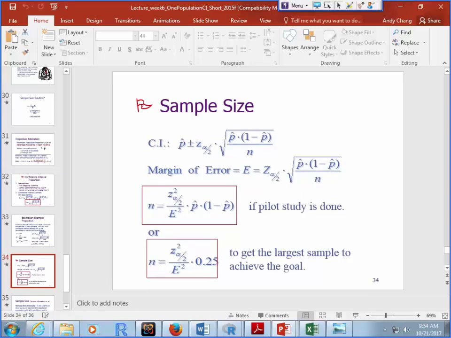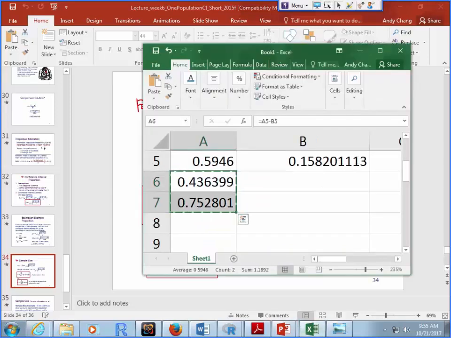If you have never done such a study, then you use the formula at the bottom. If you have some prior knowledge about the proportion and you think it's pretty close, then you can use this formula.